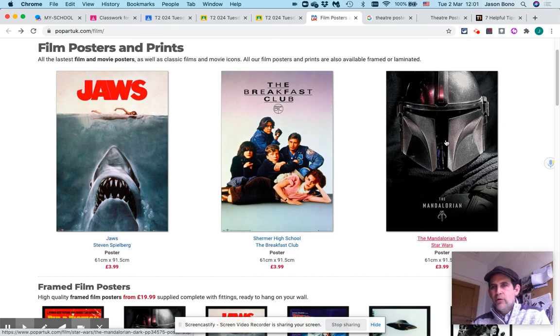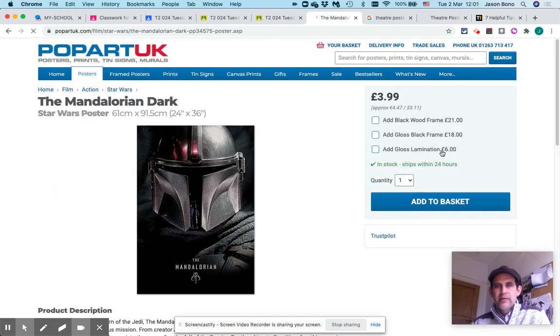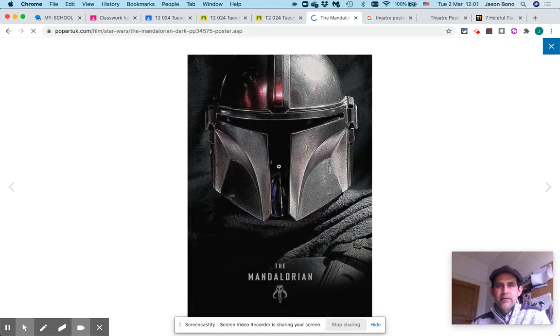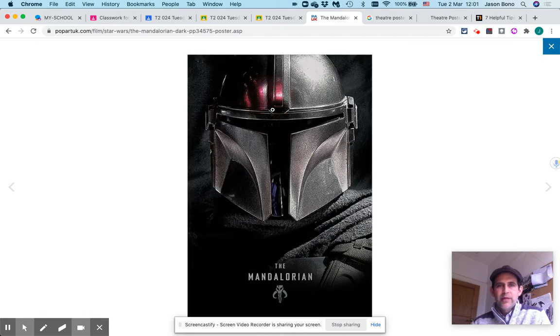Now, Mandalorian is quite interesting. It's mysterious. This helmet makes us question who is behind that mask.